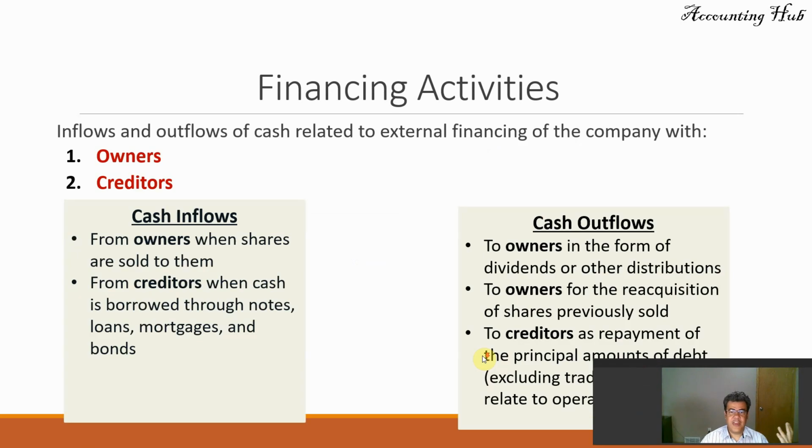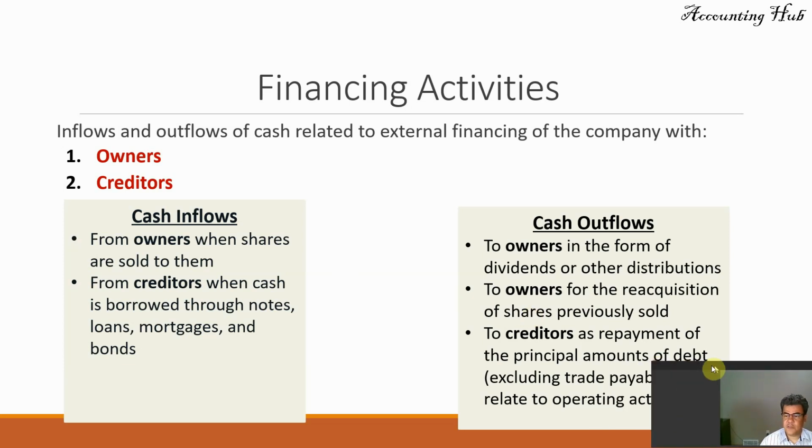And finally, financing: owners and creditors. So the inflows from owners when shares are sold, from creditors when we borrow money. Outflows to owners when we pay dividends, and here it doesn't matter if we are talking about US accounting or international accounting. Owner for the reacquisition of shares previously sold, or to creditors.